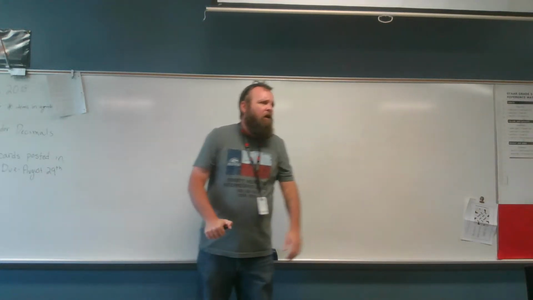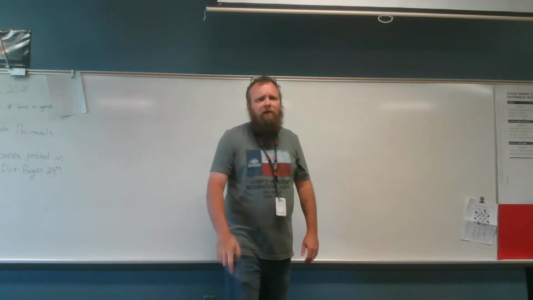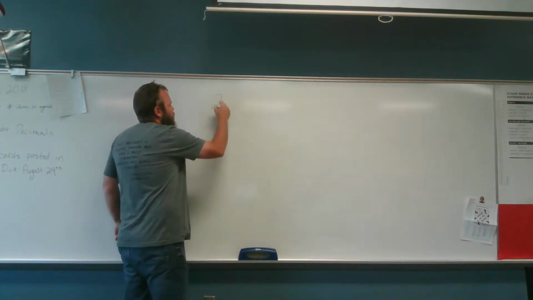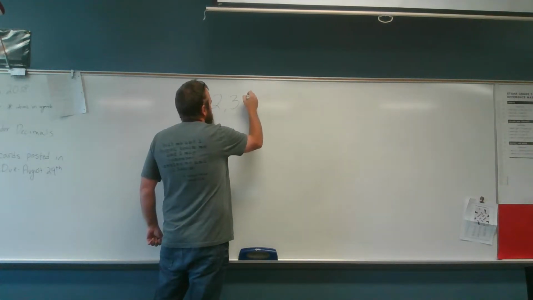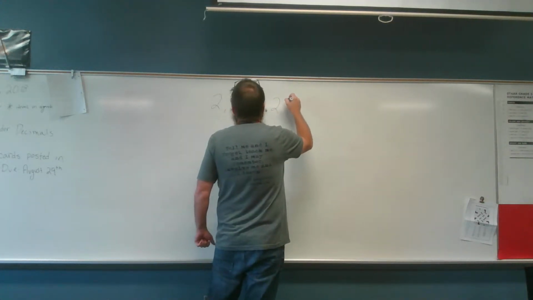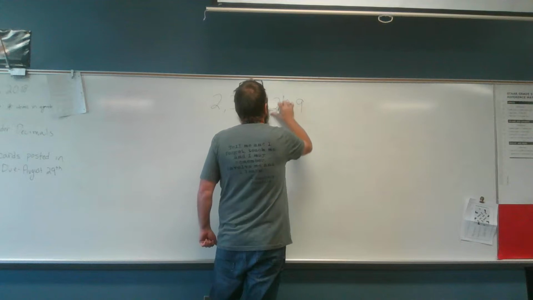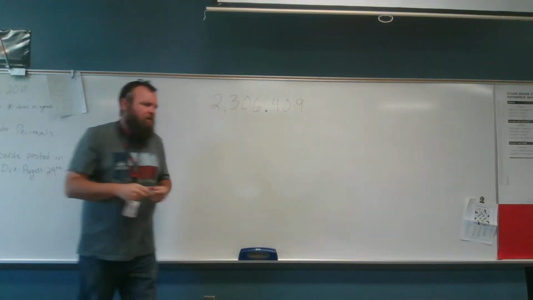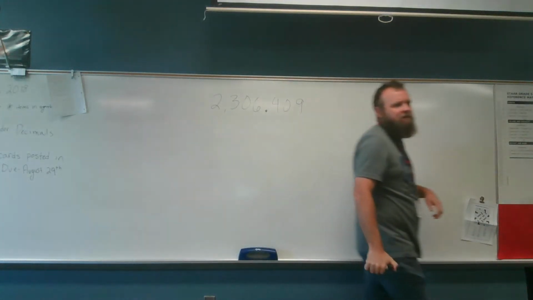All right, so first of all, hopefully make this short and sweet. I'm going to write a number up here. This is standard form. And let's go with my friend Kaysen.